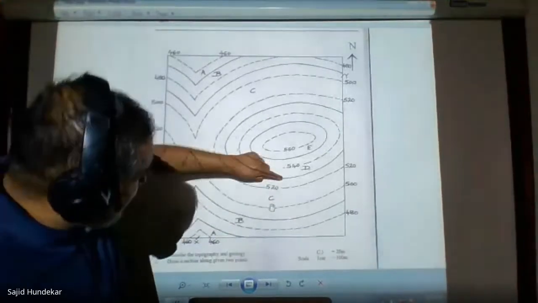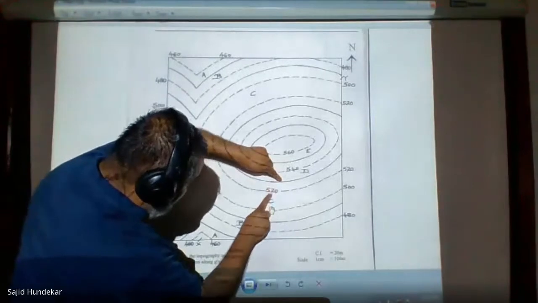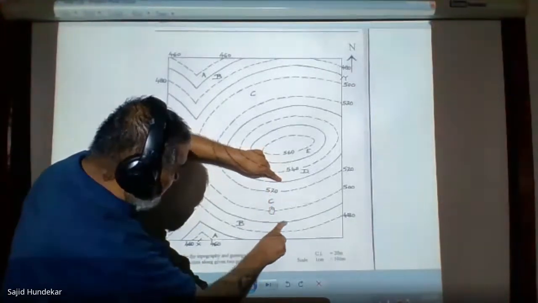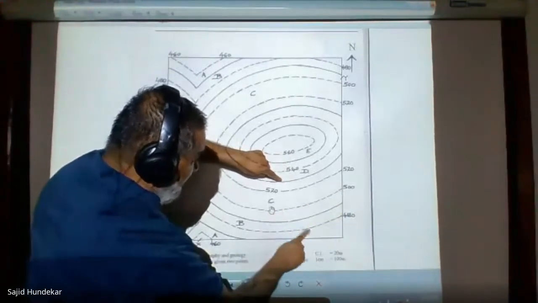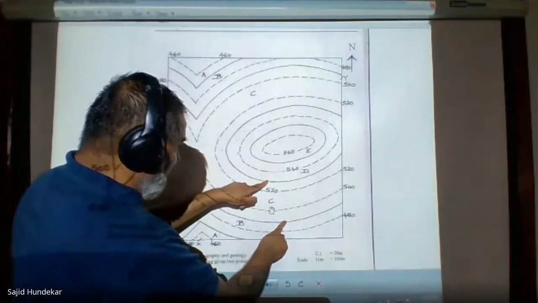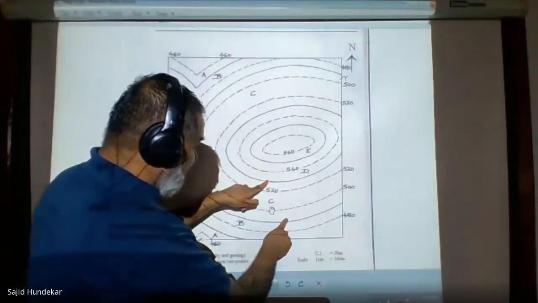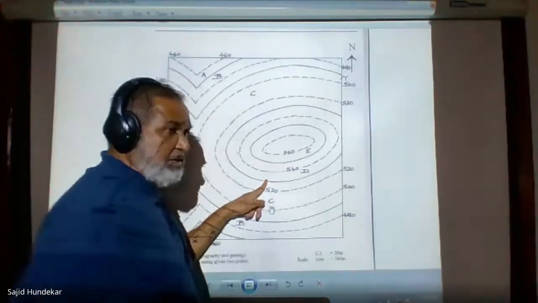Come to the C bed. Here we already took 530, and now you can see the next dark line is here, the CB junction, and here the value is 500, and here is 480. So it is 490. So here we have 530, and here is 490. So 490 and 530 means how much? It is 40 meters.